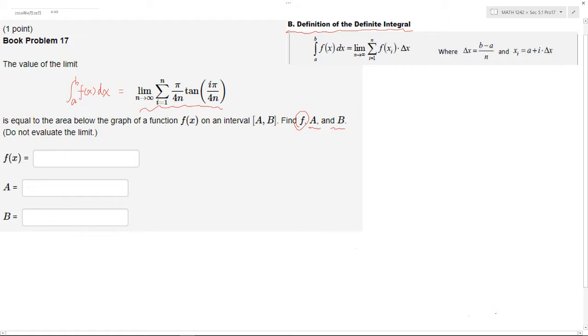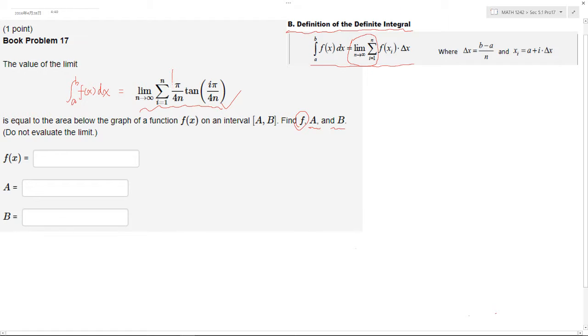So now let's compare our new expression with the expression of the definition. The first two parts are limit n goes to infinity and summation from 1 to n. These two parts are exactly the same as the first two parts of the definition.